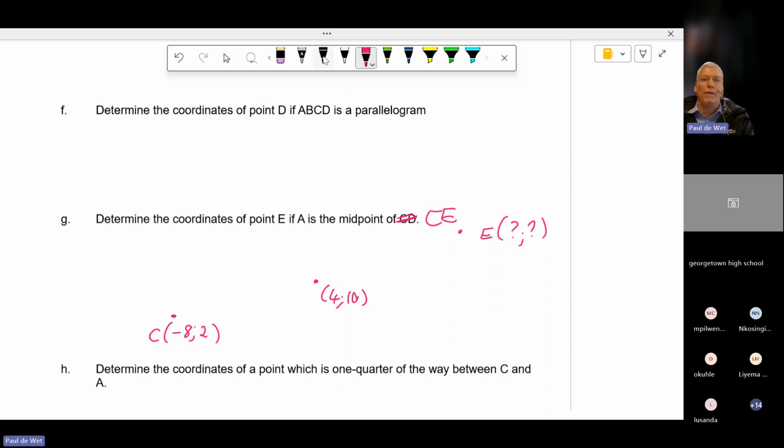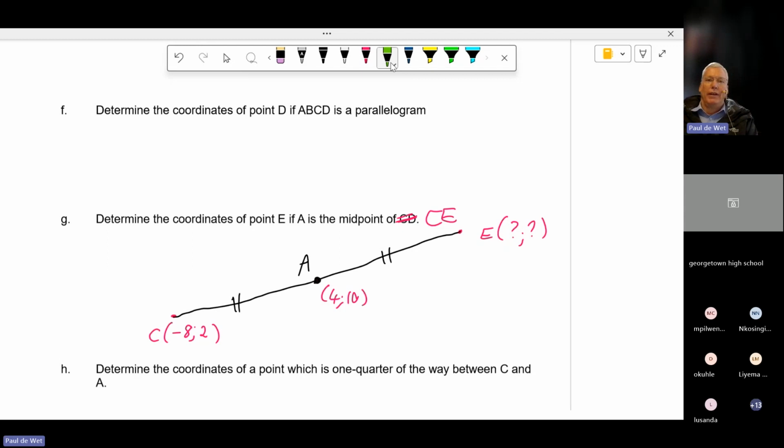Okay. But what it's saying is that A is the midpoint of CE. Now, I'm going to show you 2 ways of doing this. I'm going to do this question once with a green pen and once with a blue pen.